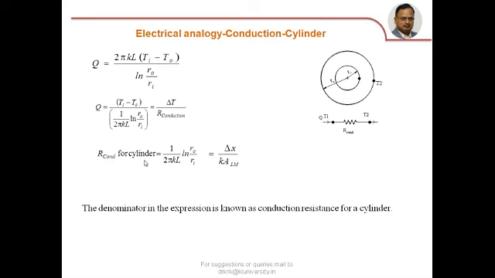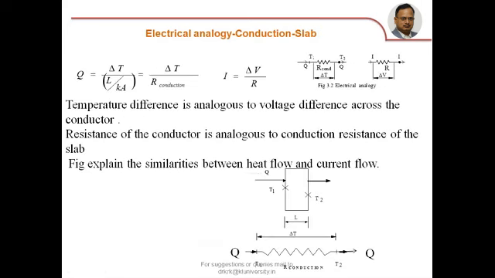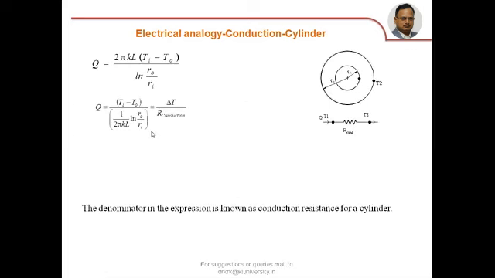So the conduction resistance for a slab is L by KA. Similarly, the conduction resistance for a cylinder is 1 by 2 pi KL log Ro by Ri. So this denominator in the expression is known as conduction resistance for the cylinder.